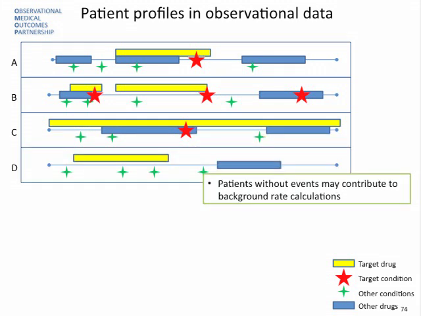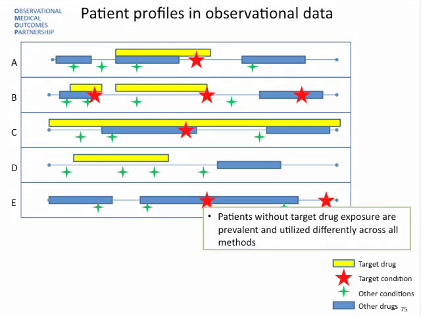Here's just another variation of a patient who has exposures to the drugs we're interested in, exposures to other drugs, but they're not experiencing an event that we're interested in. They do have comorbidity. So you can just see these are various permutations of different types of patients that you would expect to see in some of these massive databases.